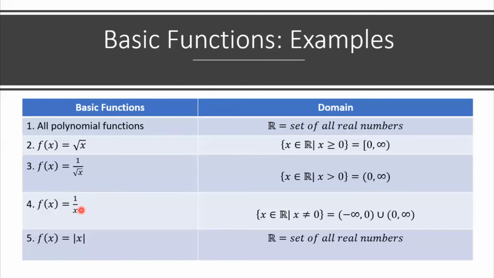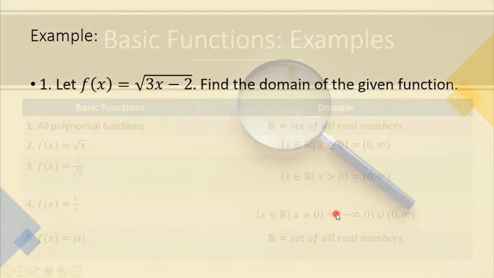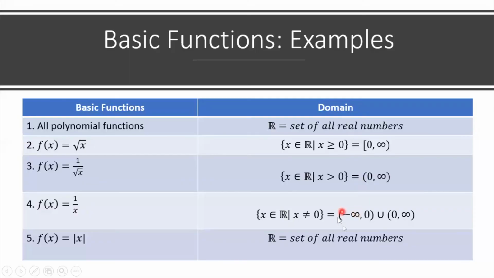For example, if x is equal to 0, this will be undefined. Therefore, the domain is x in R such that x is not equal to 0, or using interval notation, negative infinity to 0, union 0 to positive infinity. How about the absolute value of x? The domain of the absolute value of x is R, the set of all real numbers.